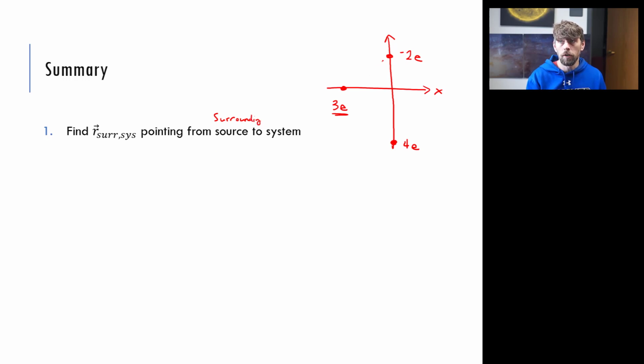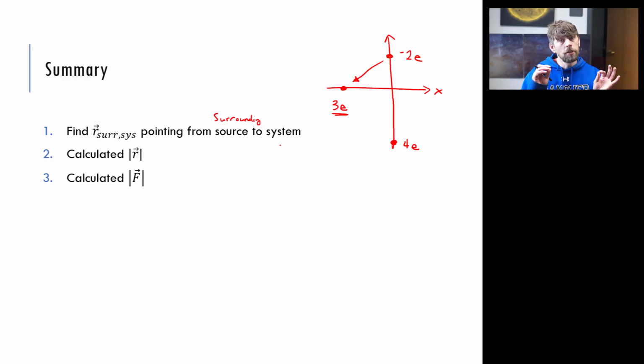In other words, we're looking for this relative position vector. Once we had it, we could find its magnitude. And bearing in mind Coulomb's law, that allowed us to find the magnitude of the force between those 2 charges.